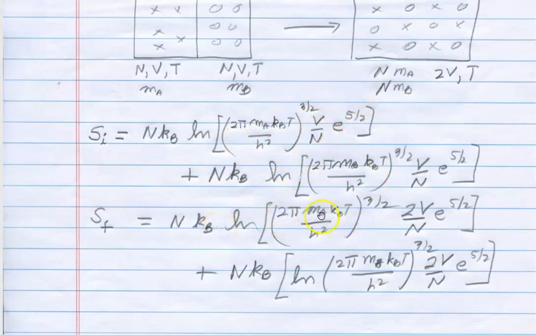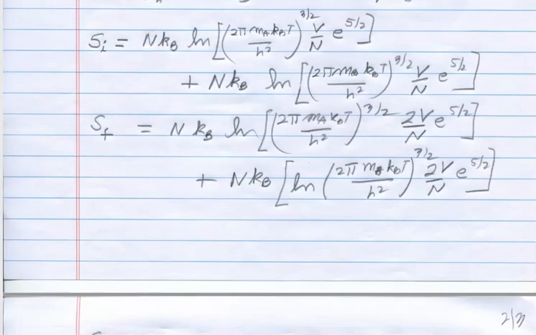I still have mass A, those are the x's here, but they're free to roam over the entire volume, so the volume in the Sackur Tetrode equation is 2 times the original volume, and N in here. And then likewise for molecule B, the circles, the mass is Mb, and it is likewise able to roam over the full 2V, the final volume.